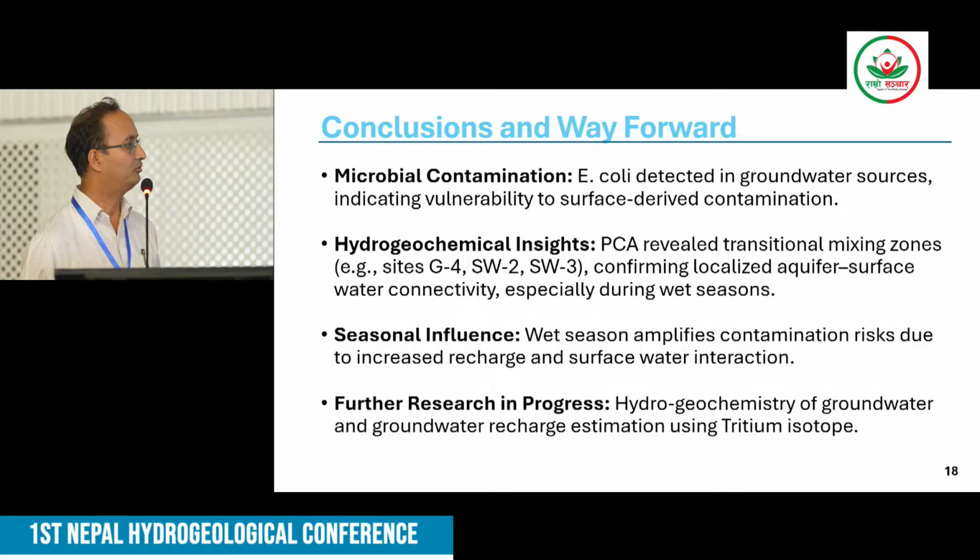And regarding seasonal influence, we have found, especially in the case of E. coli and suspended solids, a significant, notable seasonal influence. That increases the groundwater contamination also, and you can also see the recharge of the groundwater from the surface water.